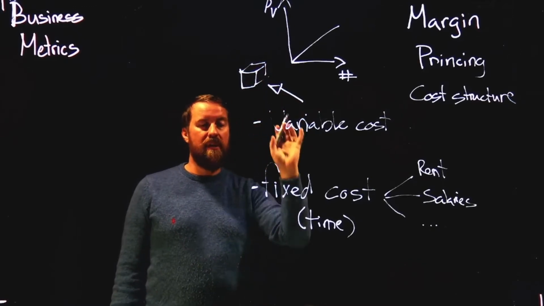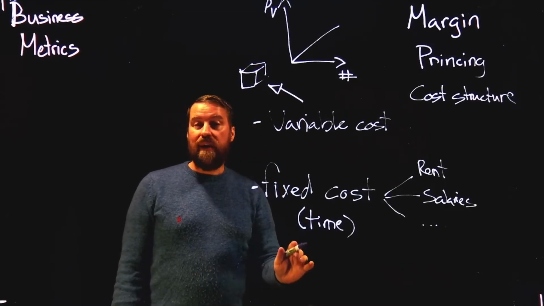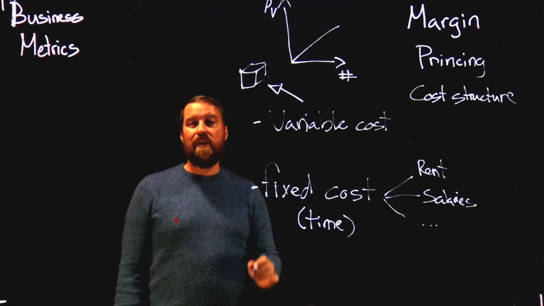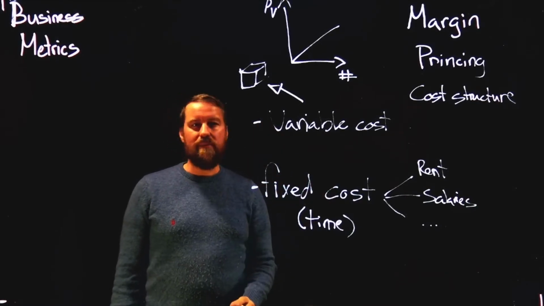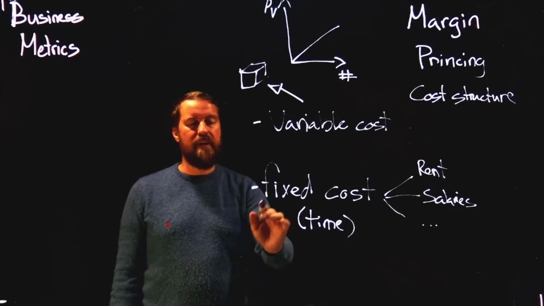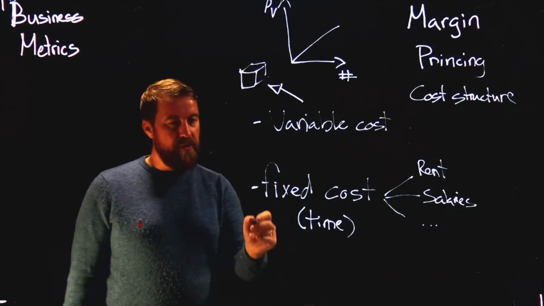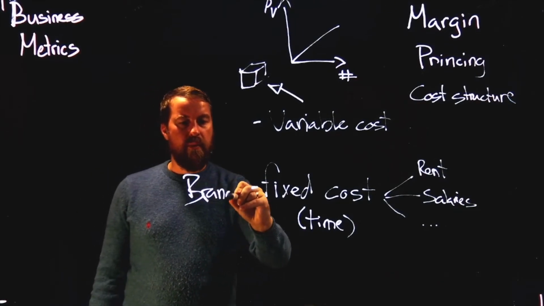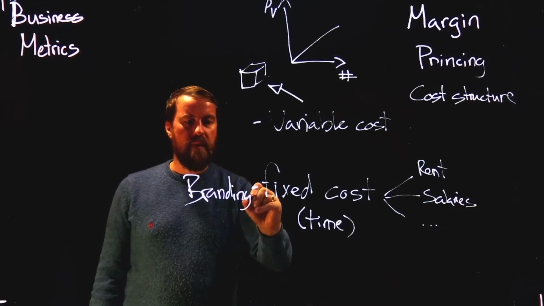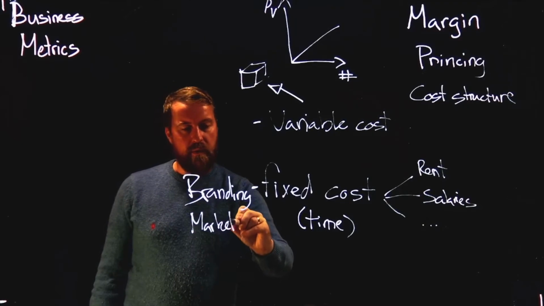Variable costs, fixed costs. The other thing I'll talk about here in our cost structure is our marketing spend, because our marketing spend also comes in a variable and a fixed element. The fixed element is often what we will be terming as branding or market build.